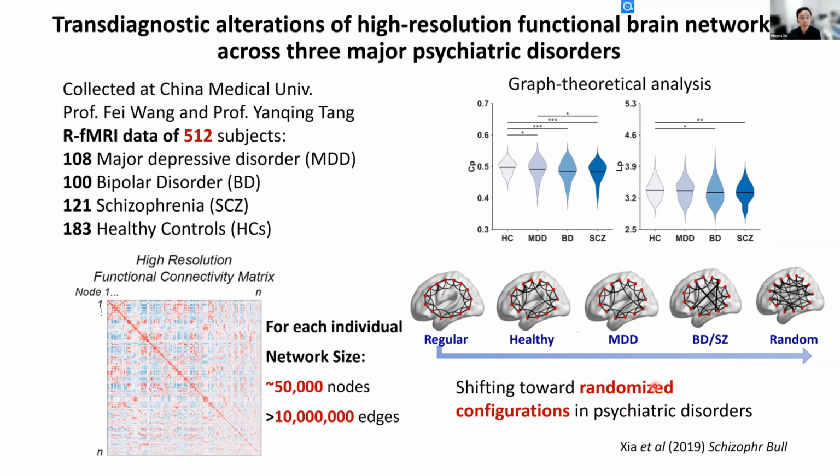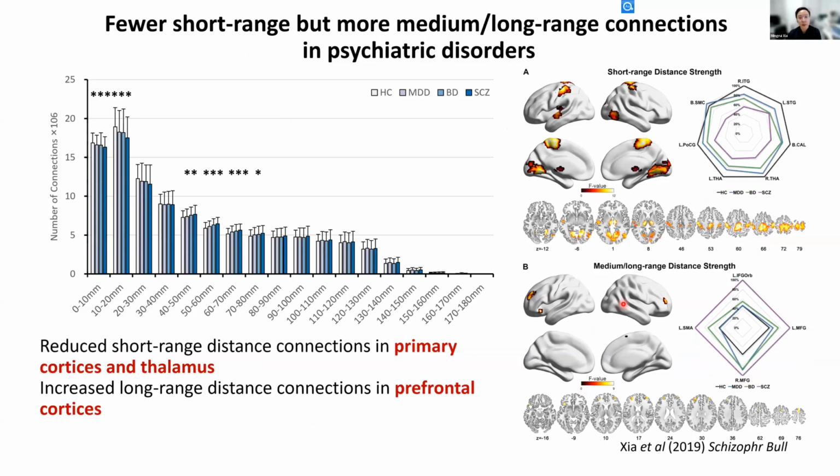However, there are also differences among the three disorders, where schizophrenia has the most severe alterations. We further found that the altered connectivity was distance dependent. The number of short-range connections was reduced and mainly connected to some primary cortex, such as the sensory motor and the visual cortex and the thalamus.